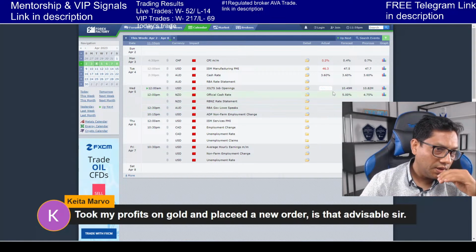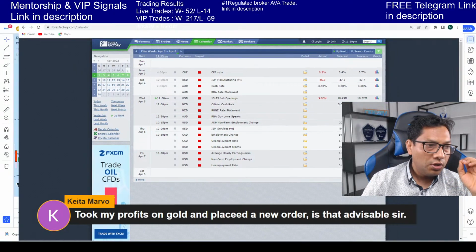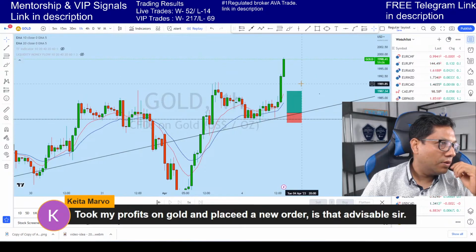There's a lot of pending orders going on here. Okay, so the actual is less than the forecast, so there could be weakness in DXY. Already we see DXY is bearish, so that will move the gold up.